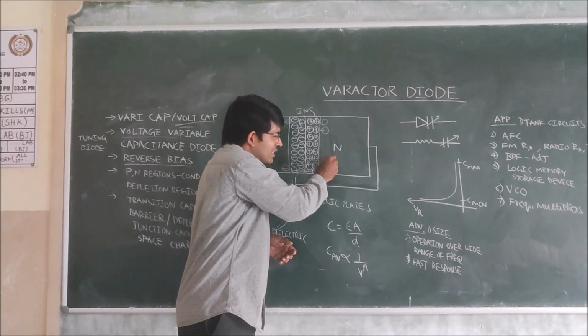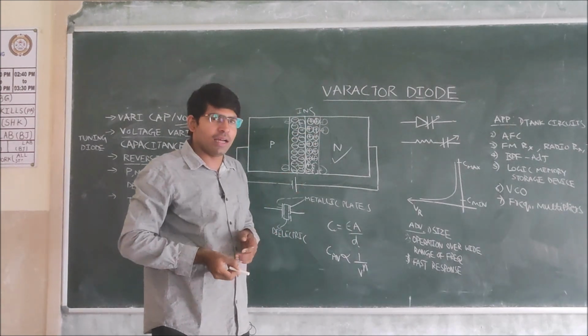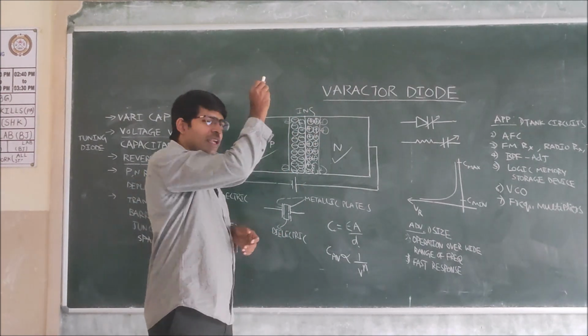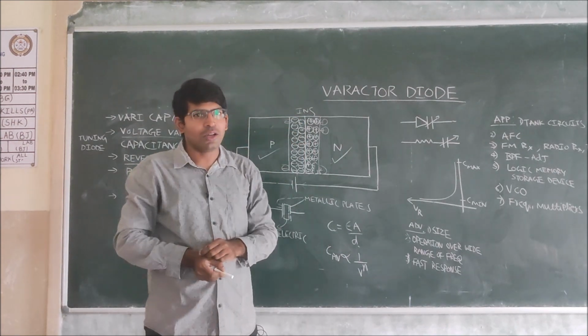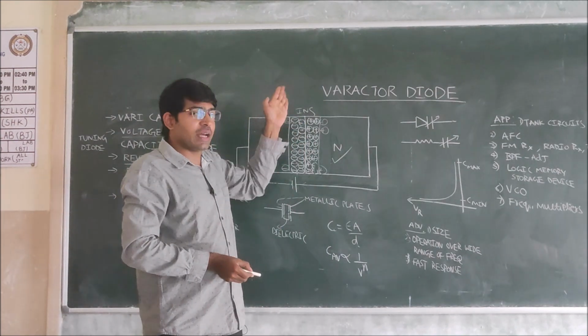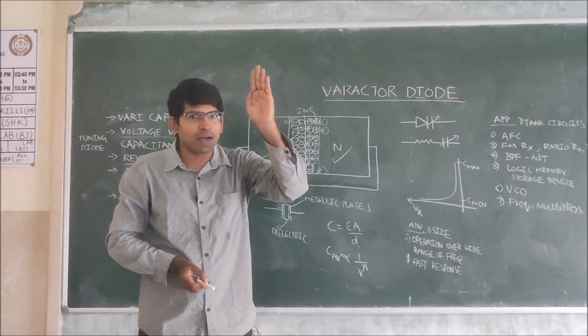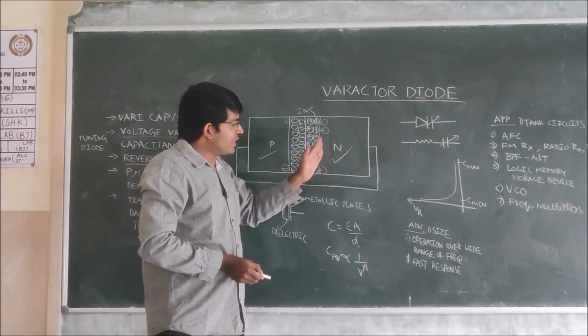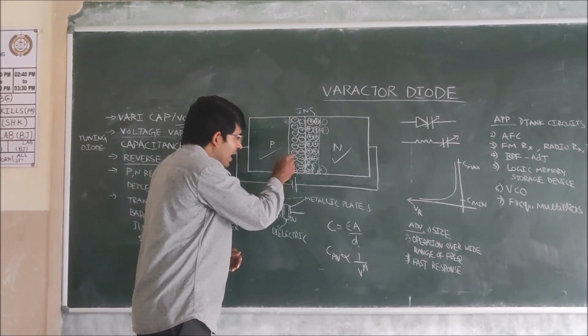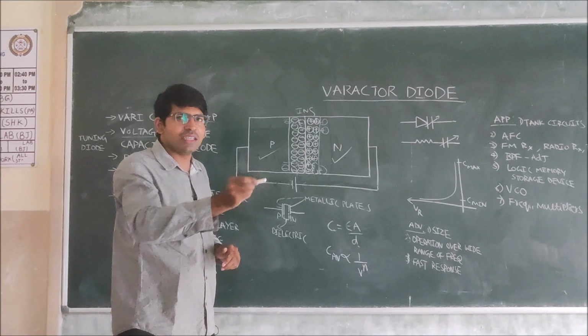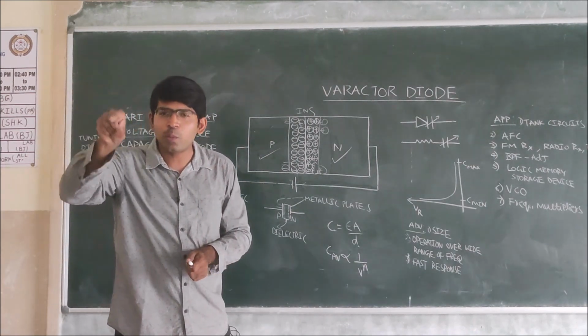We are seeing this as one metallic plate, and this as one metallic plate, and this as a dielectric material. So the P-type semiconductor is acting like one metallic plate, the N-type semiconductor is acting like another metallic plate, and this depletion region is acting like a dielectric material.